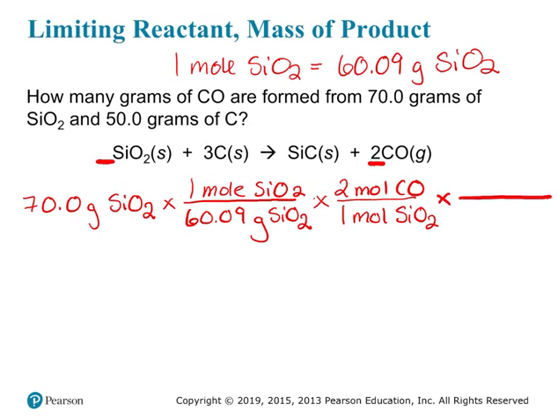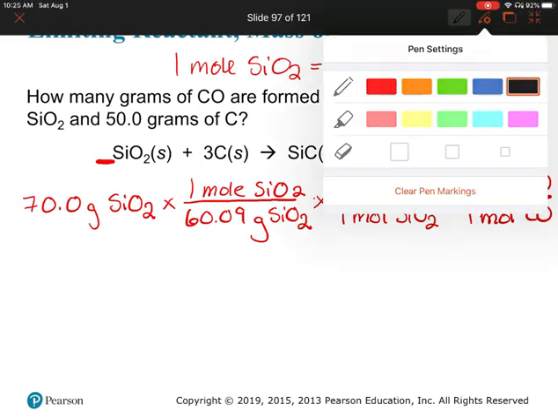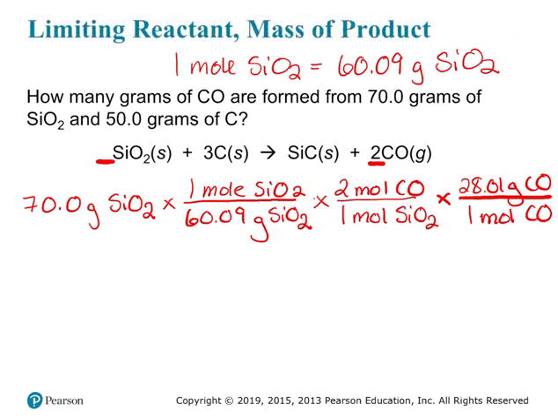All right, so remember 1 mole of carbon monoxide was equal to 28.01 grams of carbon monoxide. And we want grams, so we're going to put that in the numerator, and we're going to cancel moles of carbon monoxide. All right, so let's make sure all of our units cancel.